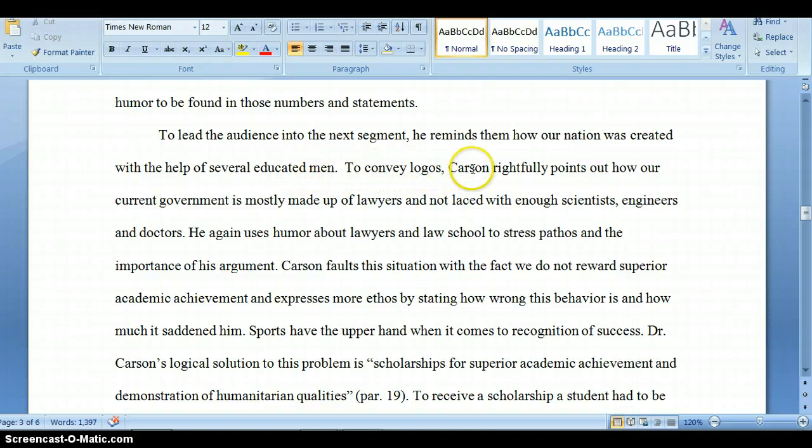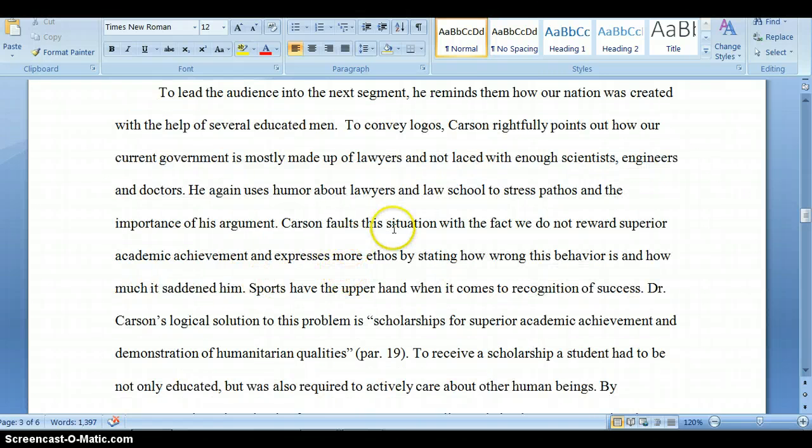To convey logos, Carson rightfully points out how our current government is mostly made up of lawyers and not laced with, I like that word choice, enough scientists, engineers, and doctors. He again uses humor about lawyers and law school to stress pathos and the importance of his argument.